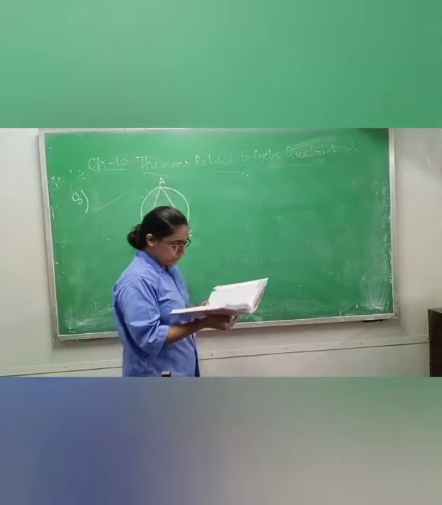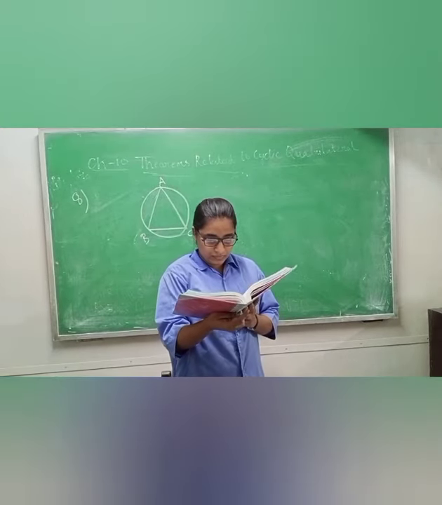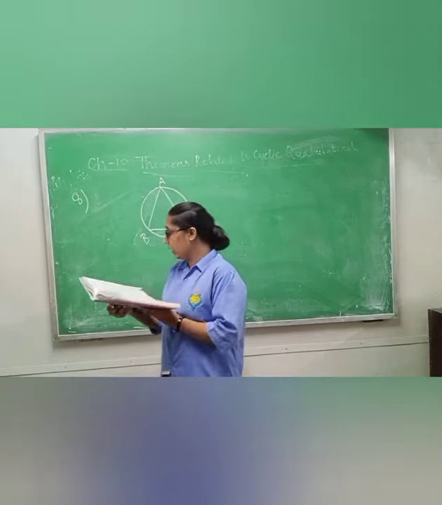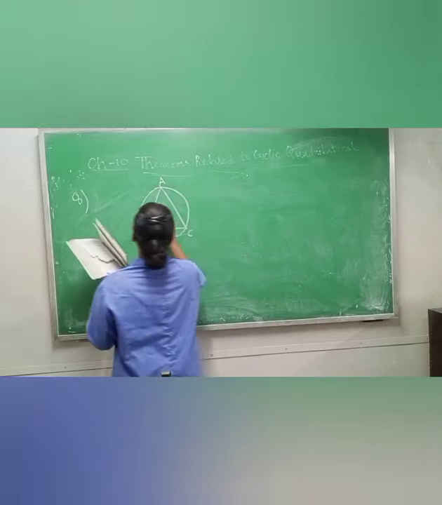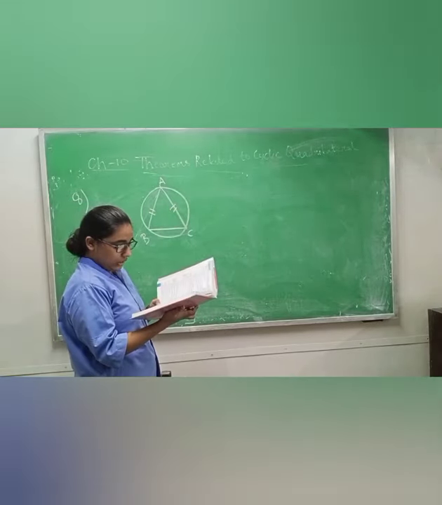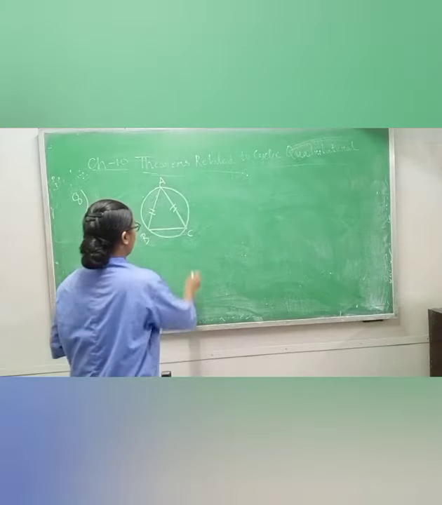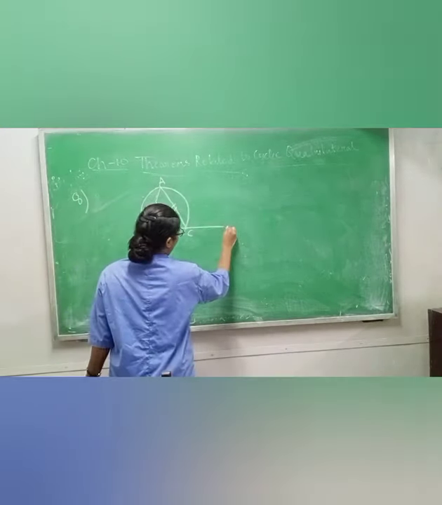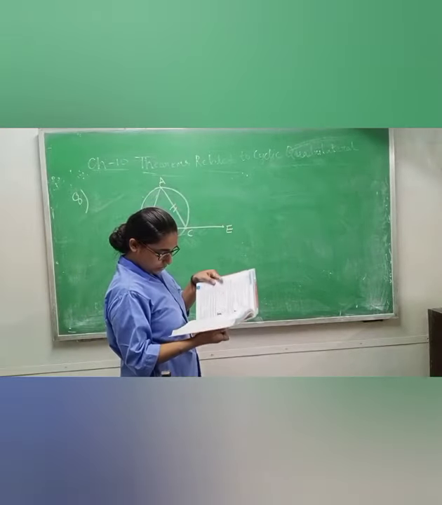Now again read the first line. Question number 8. I drew a triangle ABC in which AB equals AC. AB and AC both are equal. And E is any point on the extended BC. Means when we extend BC up to point E, then E will be an external point.